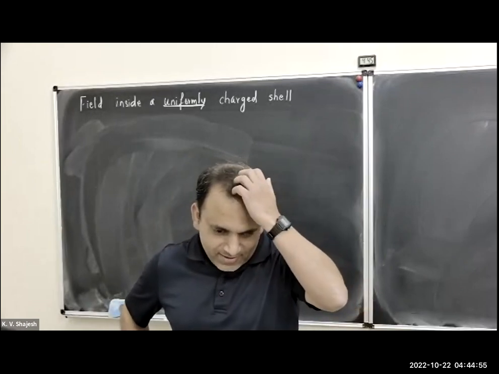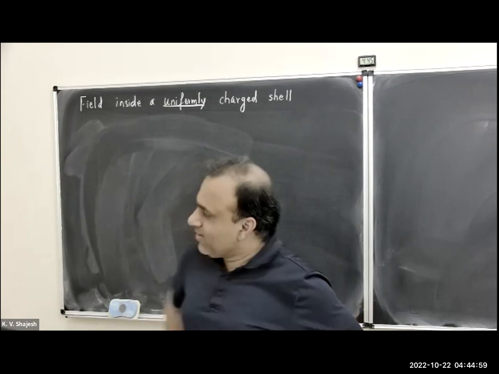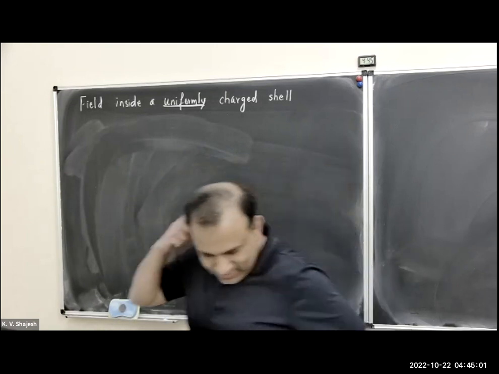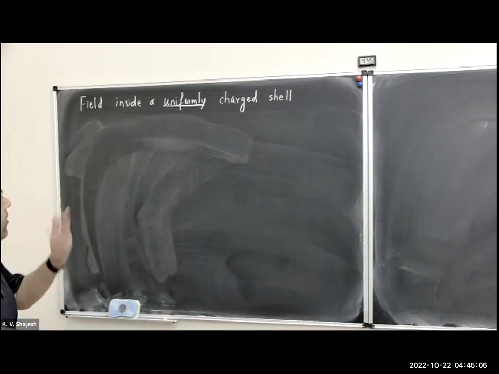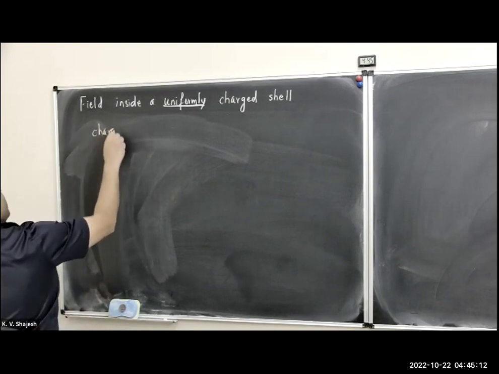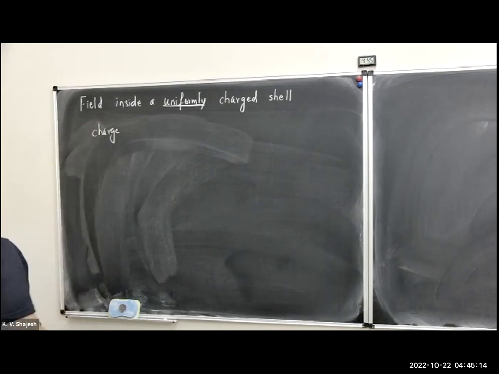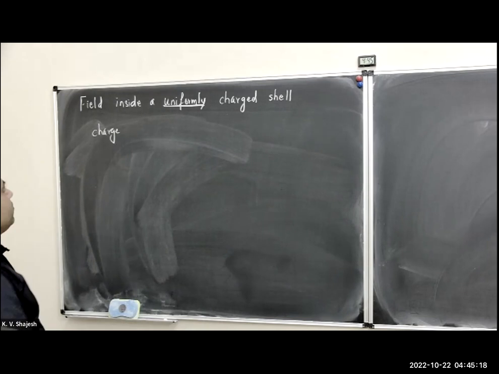Okay. Again, hello again. And we want to talk about the field inside a uniformly charged sphere. I was saying that charges, so we're talking about a charge, but we also want to keep this general. It could be a gravitational field also.